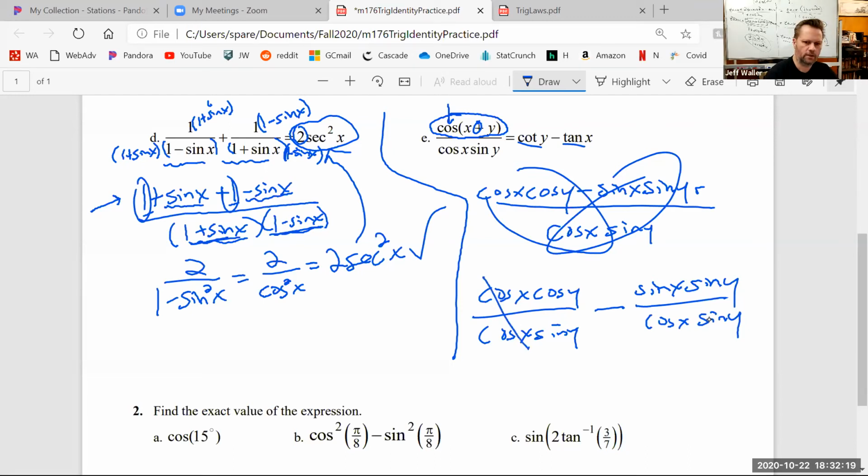And then the cosines cancel and the sine y's cancel, and I get cosine over sine of y, which is what? Cosine over sine. Cotangent of y. Minus sine x over cosine x is tangent x.